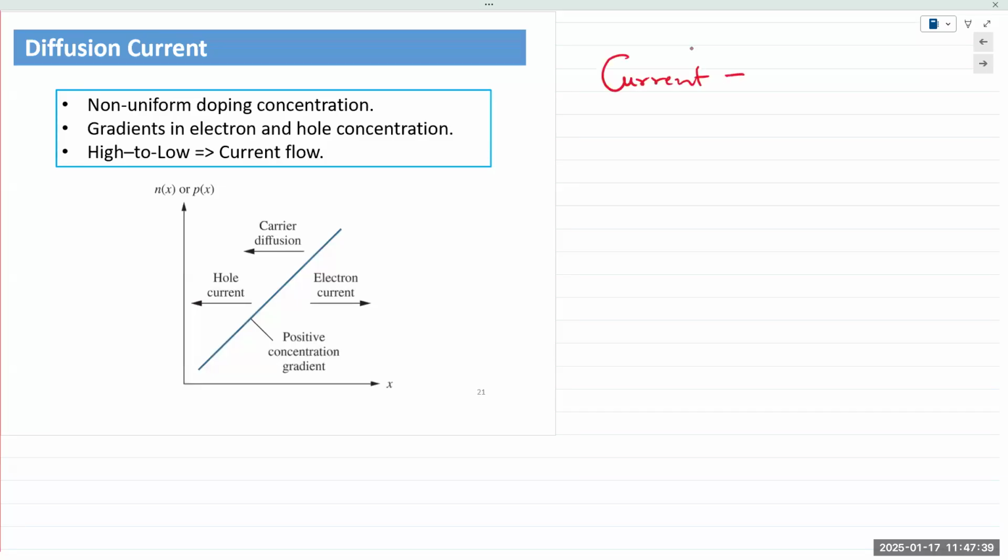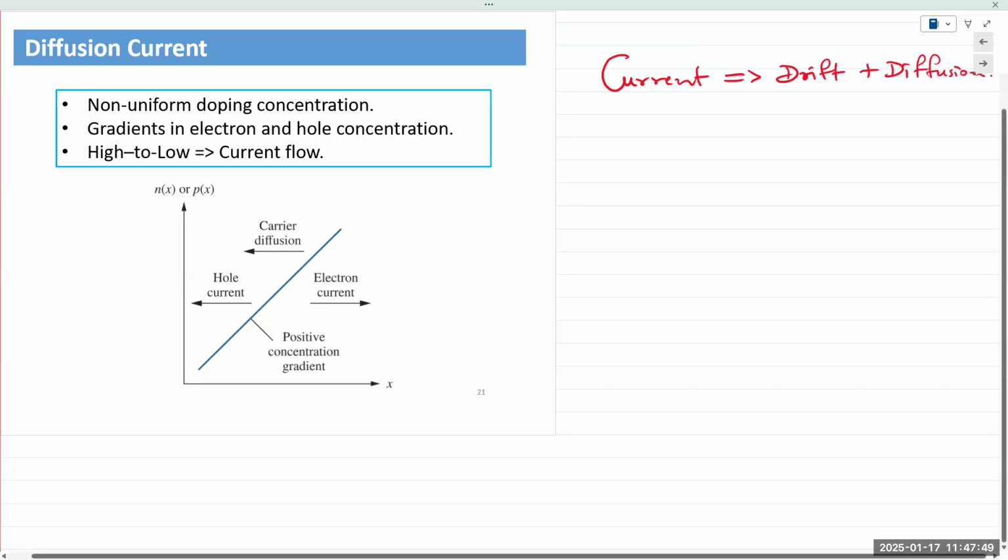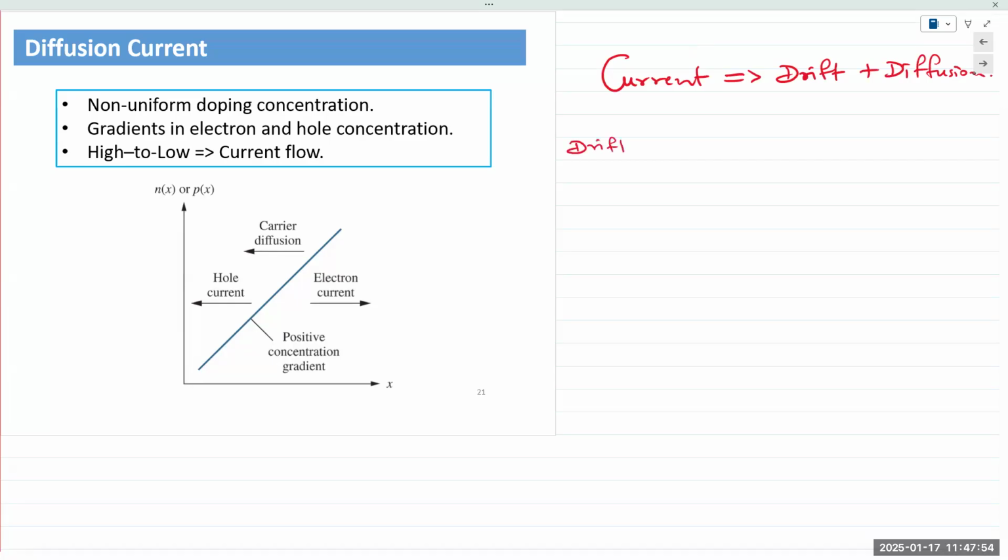So total current occurs due to two different phenomena: drift and diffusion. And drift is basically the movement of charge carriers in response to an electric field.